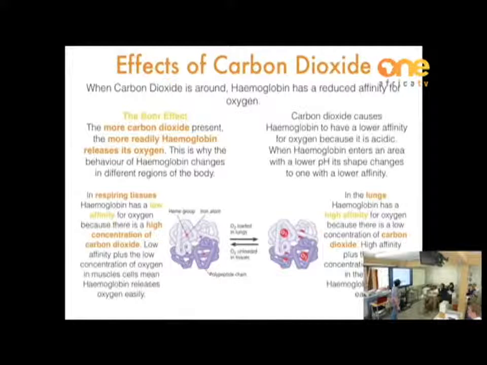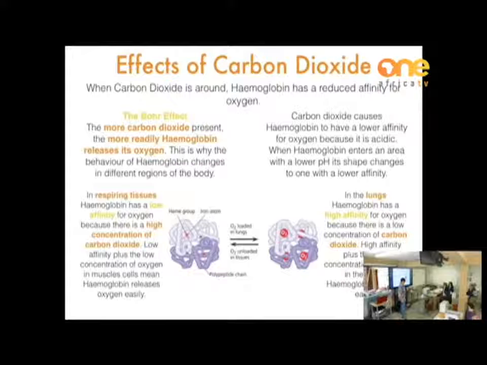When hemoglobin enters an area with a low pH, its shape changes to one with a lower affinity. Oh, now think. Hemoglobin is a protein. Proteins are sensitive to pH and temperature.